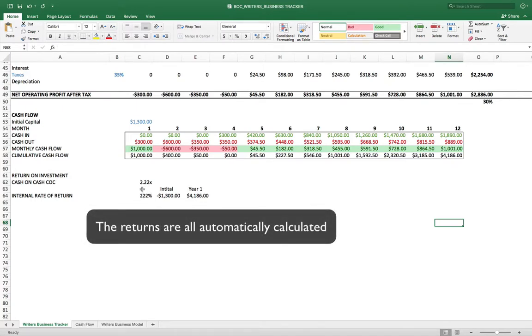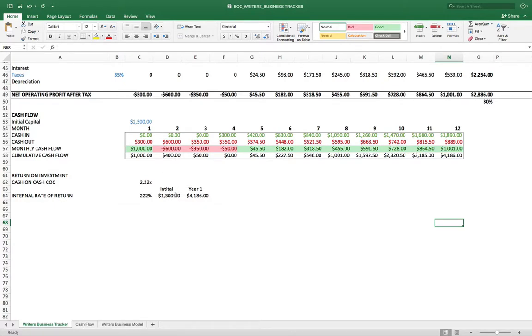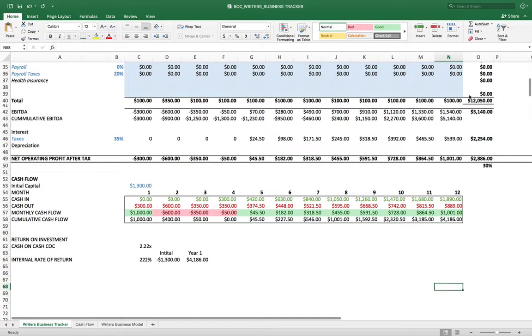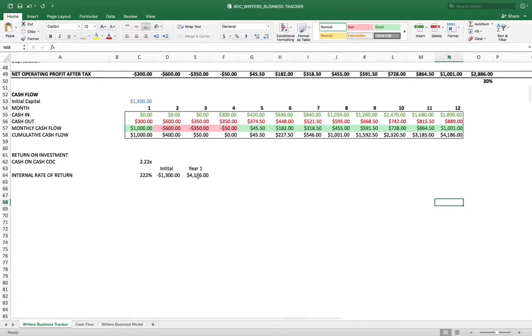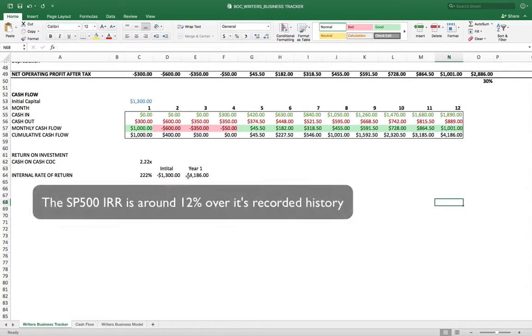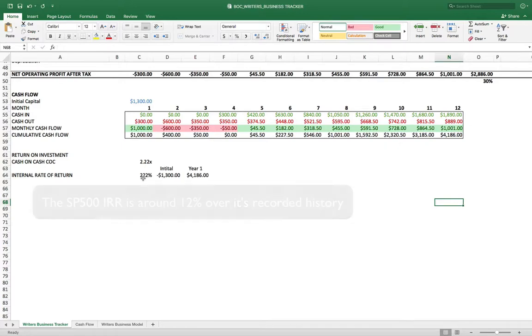In this case, if I put $1,300 into this business, my initial investment, and 1 year later I had a return of $4,186 in cash, and remember, this is after we've paid Uncle Sam his $2,200, you would end up with a 222% IRR. That's pretty crazy. It's a really good return.